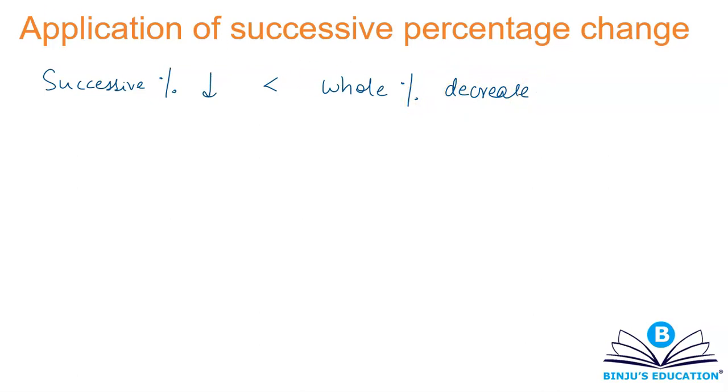Let's say I have a value x, and I decrease this by 10%, then successively decrease this by 20%, and in the other case I have a value x and I decrease this by 30% as a whole. Let's compare both the cases.